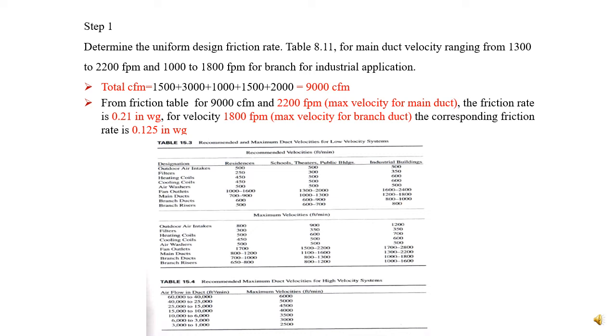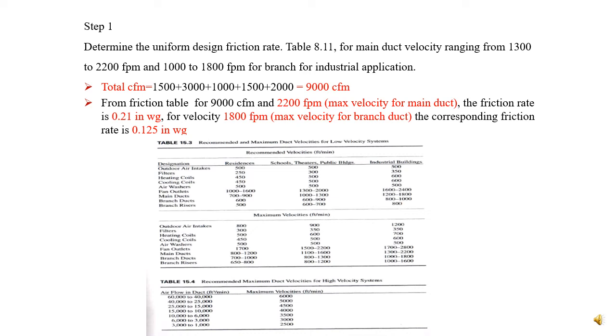The allowable velocity, the maximum velocity for the main duct for industrial buildings, is 2,200. If you take your duct calculator with 9,000 CFM and 2,200 feet per minute velocity, then your resulting friction rate is 0.21 inch water gauge per 100 feet.